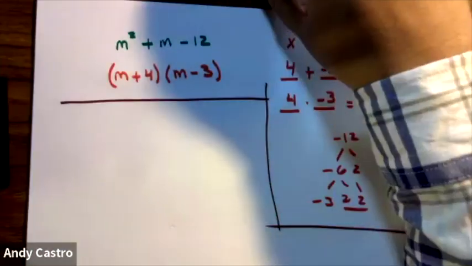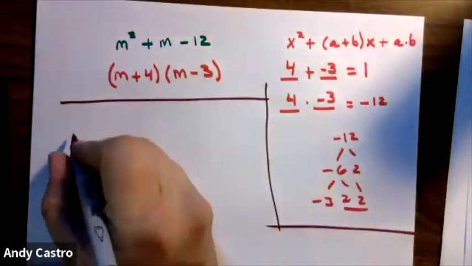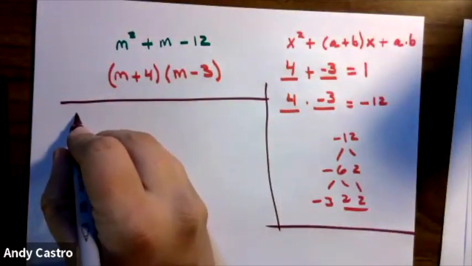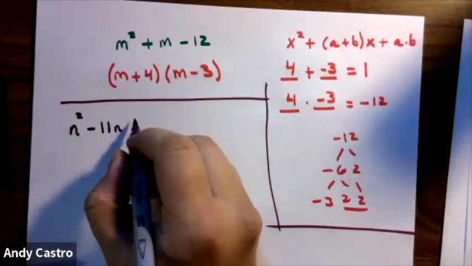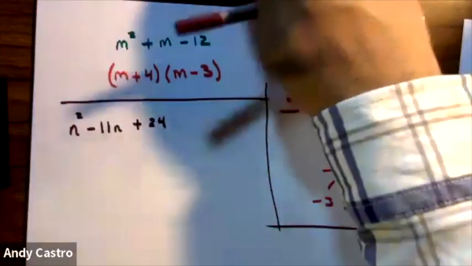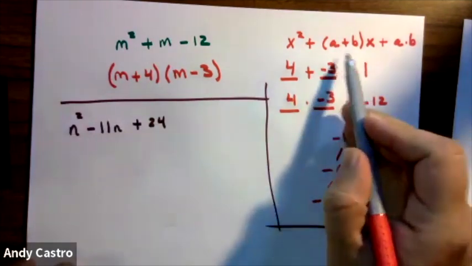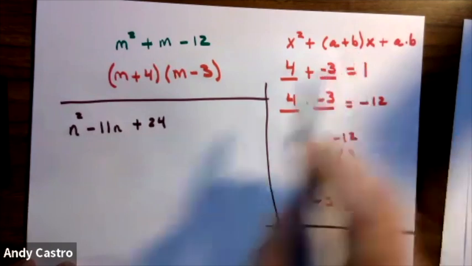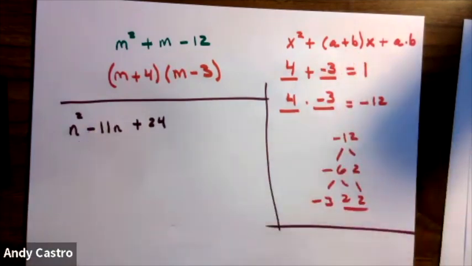Let's do another one on this sheet. Let's do n squared minus 11n plus 24. All right. So we want two numbers that add together for my middle term or middle coefficient, which is negative 11.